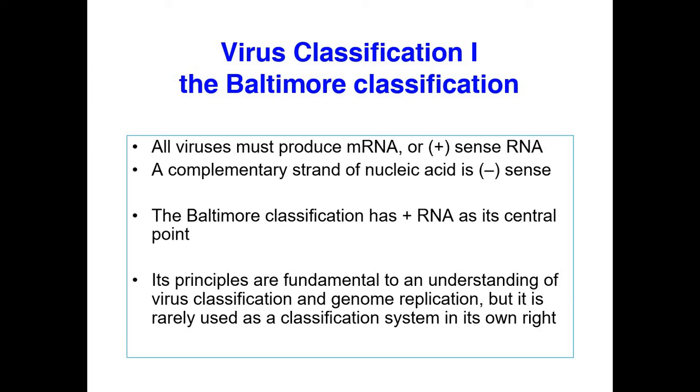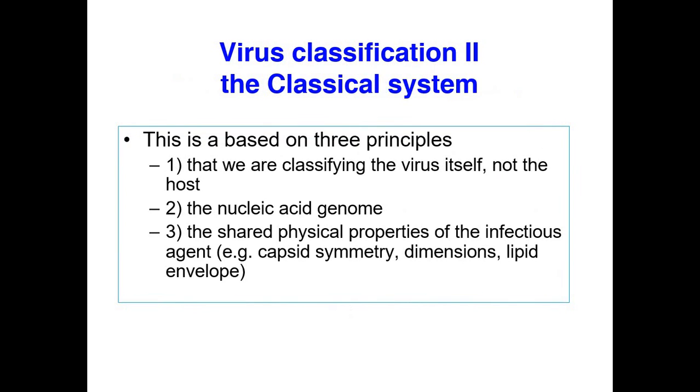The Baltimore classification has positive sense RNA as its central point, meaning messenger RNA is the central point. Its principles are fundamental to understanding virus classification and genome replication. It is rarely used as a classification system in its own right.